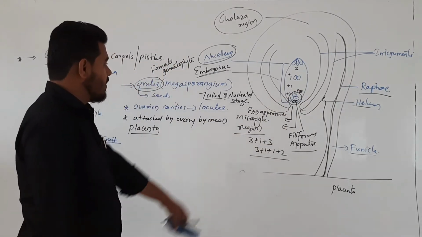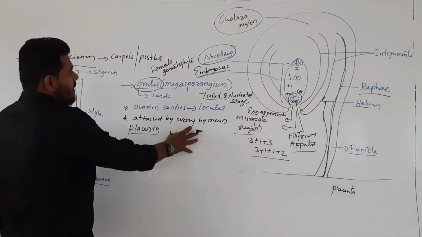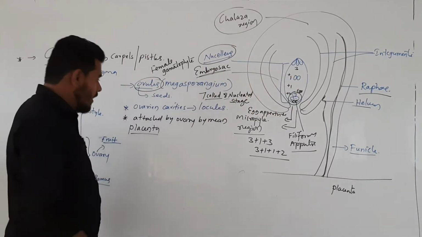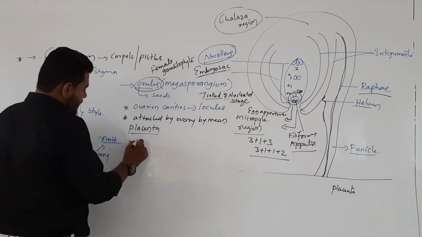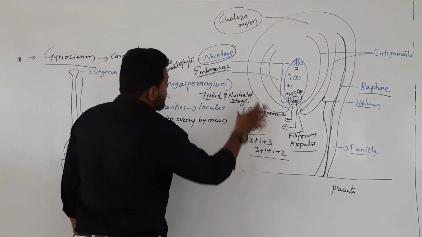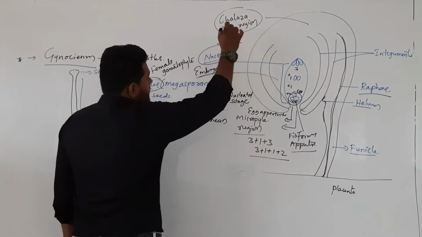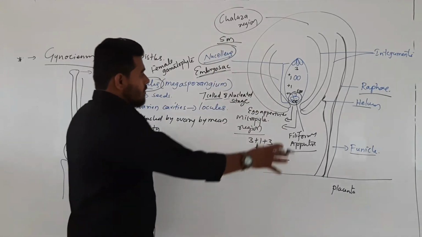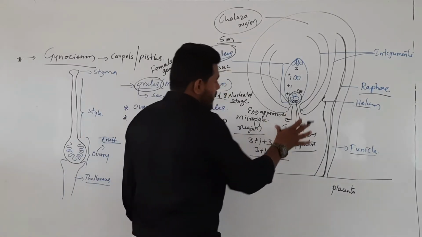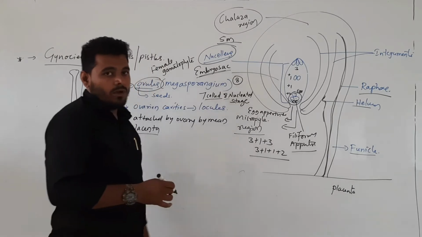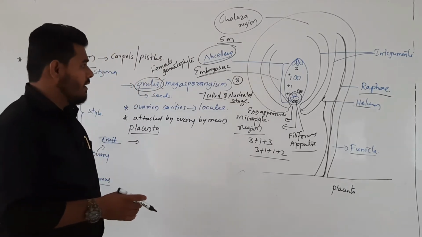This is about a theory regarding this ovule. Now we will see it a little more deeply. For 5 marks in theory they will also ask this diagram. You have to draw the diagram and do 8 labelings, because each labeling carries half a mark.